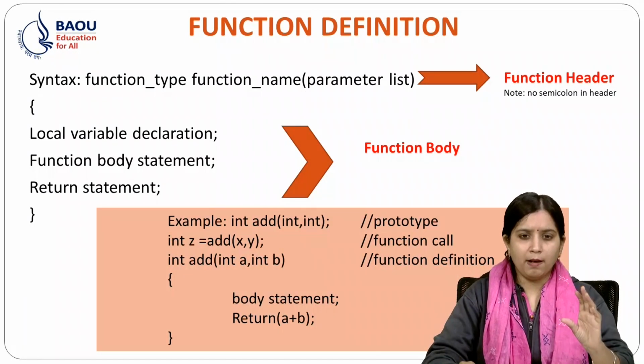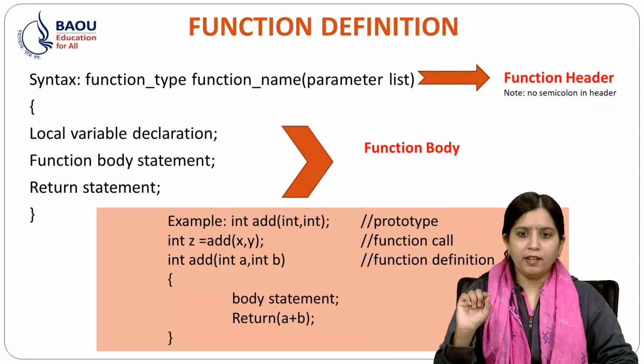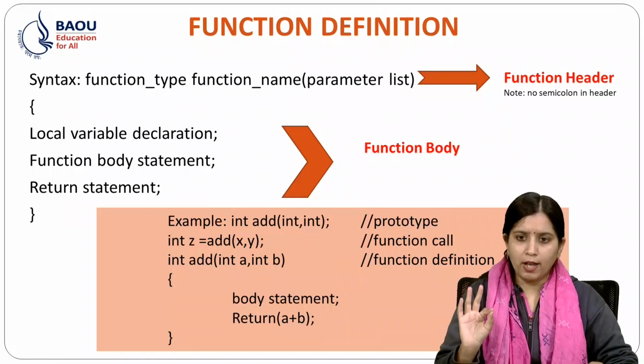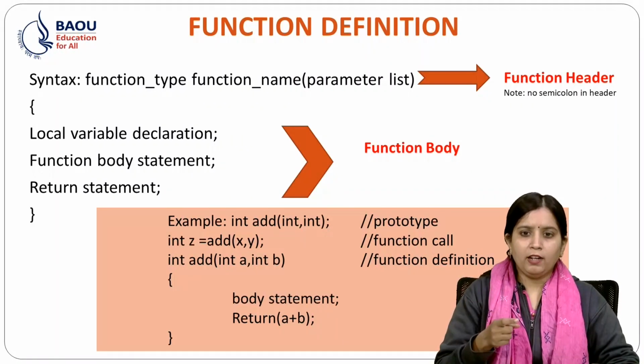Let's see some example. The first line says int add int int. So this is the prototype of our function add. After that we are calling our function, that is int z is equal to add x y and semicolon. And then we are defining our function int add, int a and int b.